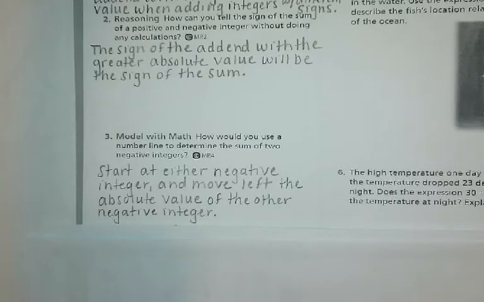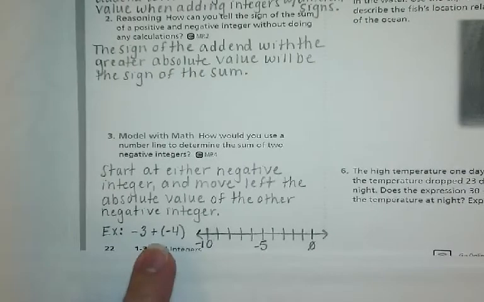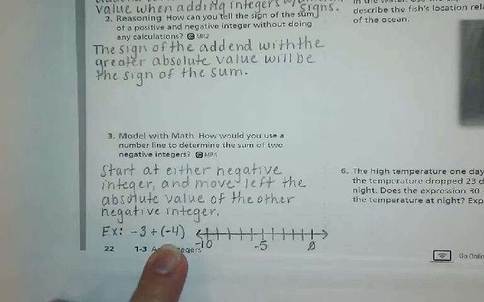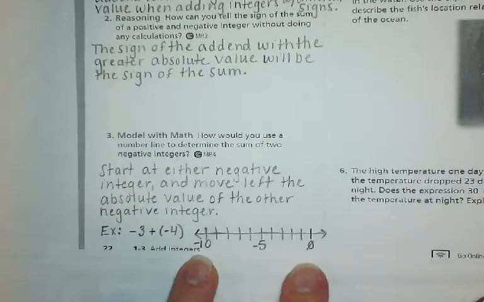So you will start at either negative integer and move left the absolute value of the other integer. So I have an example here. Go ahead and write down the example. You'll see we're going to add two negatives as is described here in the question, and then go ahead and draw this number line.